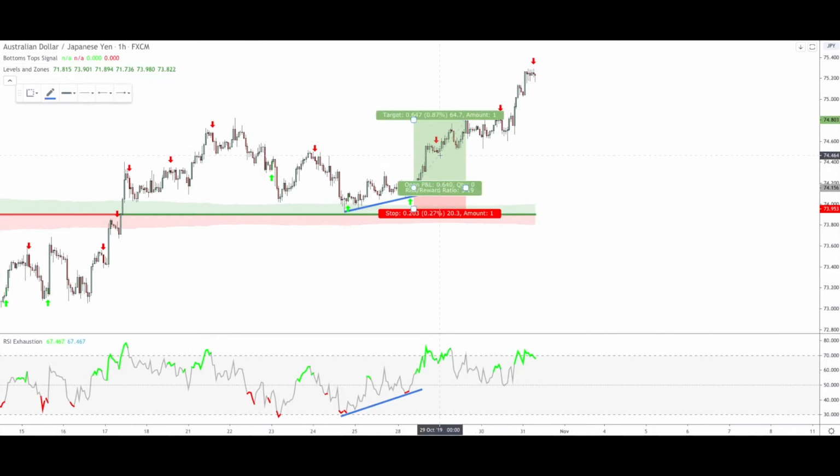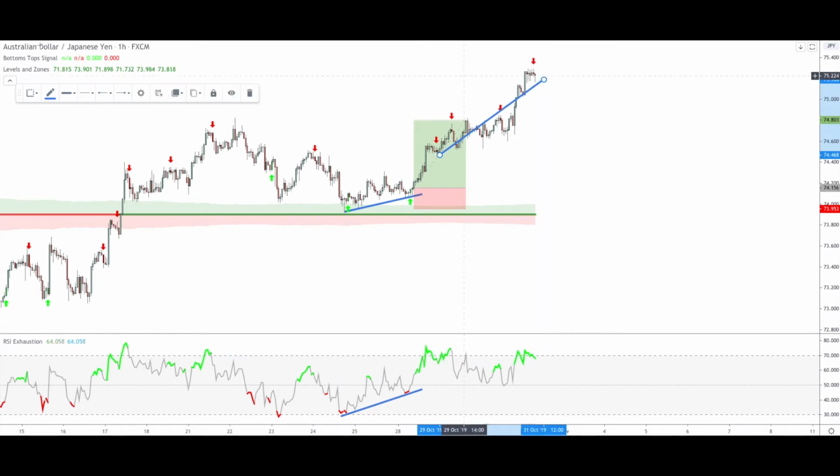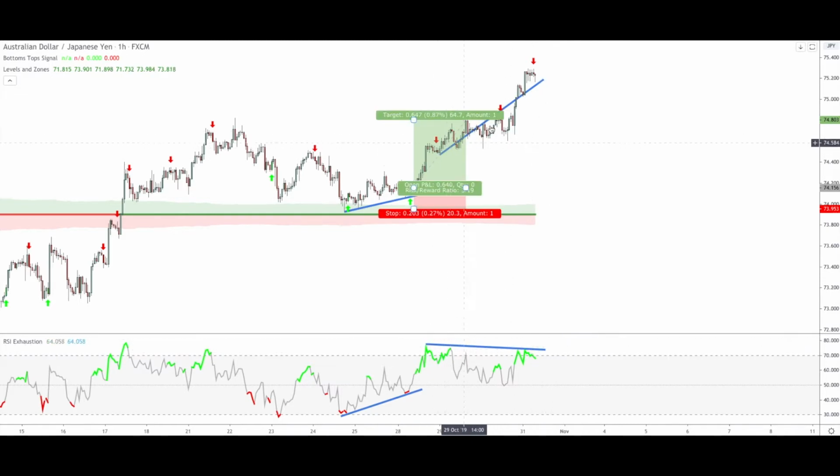The price in the last few days has gone up, but at the same time the RSI has gone slightly down, or at least flat. You see it's a slight downward movement in the RSI, but the price is way higher.